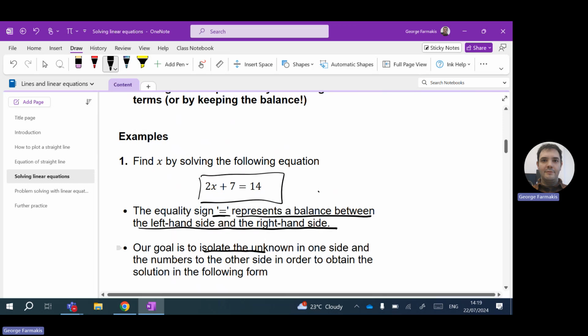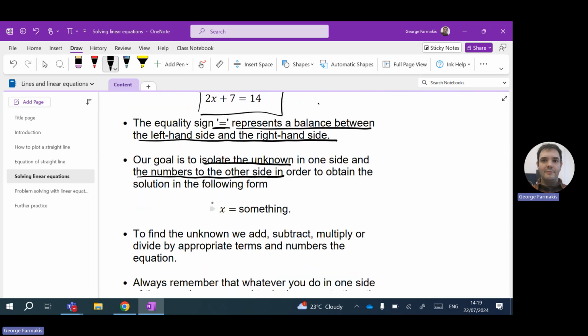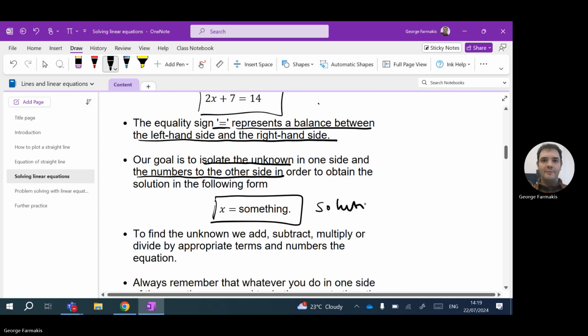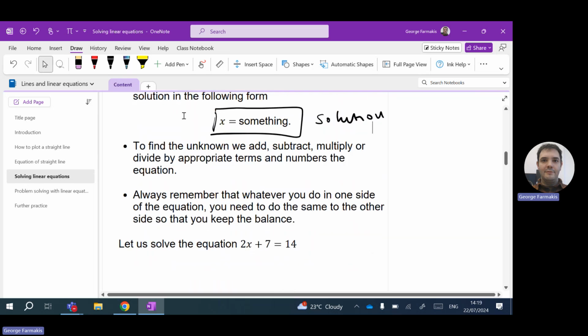Our goal is to isolate the unknown on one side and the numbers on the other side in order to obtain the solution in the form x equals something. To find the unknown, we add, subtract, multiply, or divide the equation by appropriate terms and numbers. The main thing to remember is that whatever you do on one side of the equation, you need to do the same to the other side so that you keep the balance.